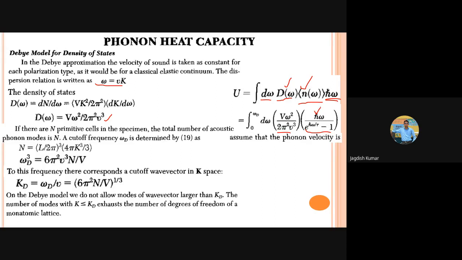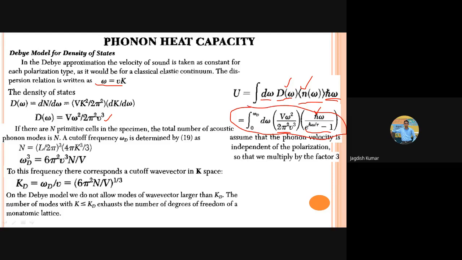Now if we assume that the phonon velocity is independent of the polarization, meaning whether we have longitudinal polarization or transverse polarizations, let us assume that for each of the polarization modes the phonon velocity, meaning the velocity of sound, is the same in all cases. Let us assume this simple approximation. Then we will have an identical integral for each polarization mode.